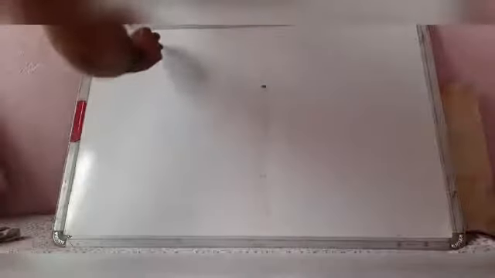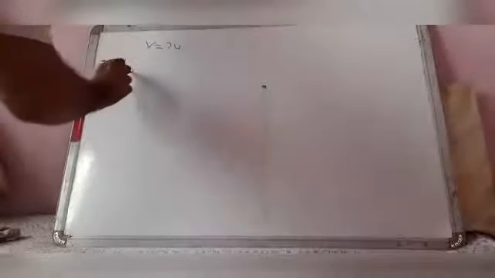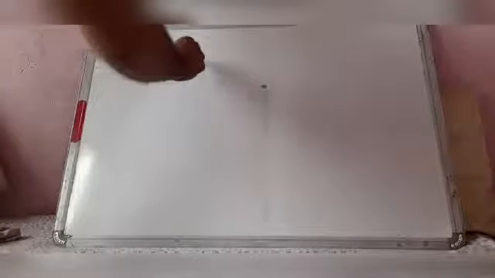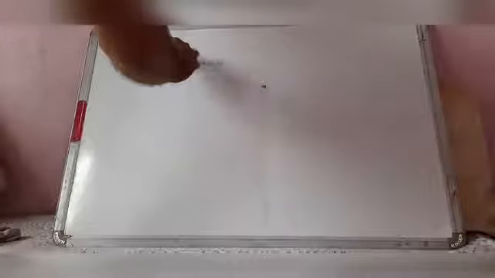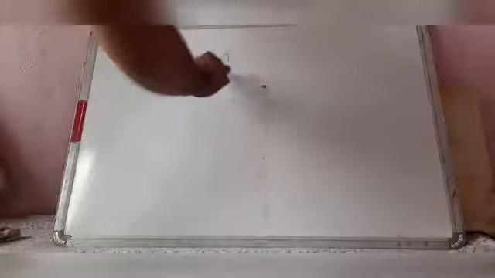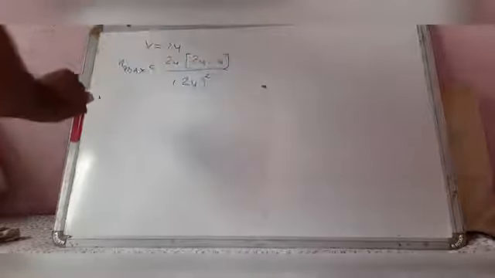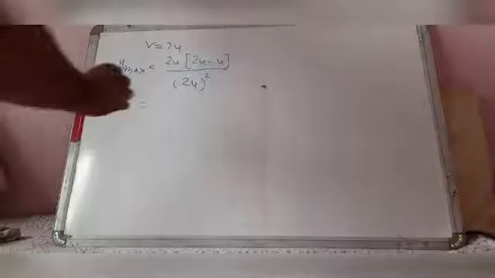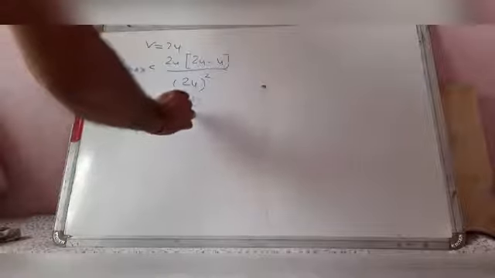Now substituting v equal to 2u in the above equation, eta maximum is equal to 2u into v minus u by v square, that is 2u into u by 2u into 2u.